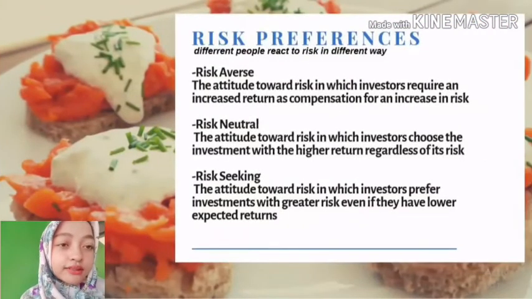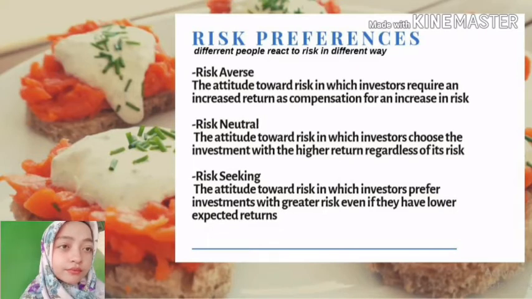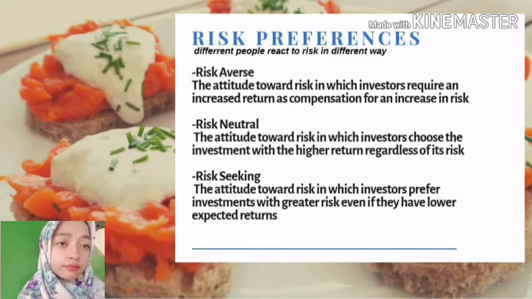Next, about risk attitudes. Different people react to risk in different ways. First is risk averse. Risk averse is an attitude toward risk in which investors require an increased return as compensation for increased risk. The second one, risk neutral.